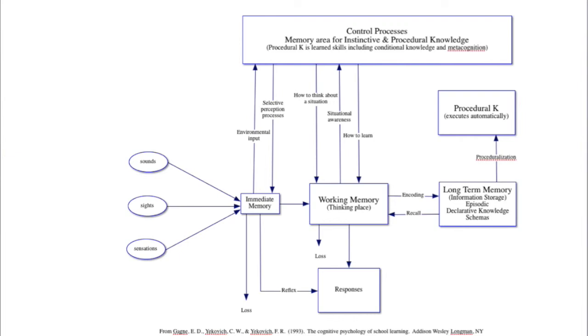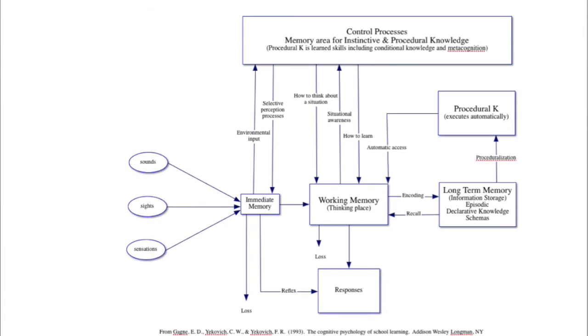If you teach language, thinking in another language is developing proceduralized knowledge. Grammar is proceduralized knowledge. So we do a lot with proceduralized knowledge, and once we're able to develop it, procedural knowledge can be recalled directly into working memory and be used without even having to think about it.